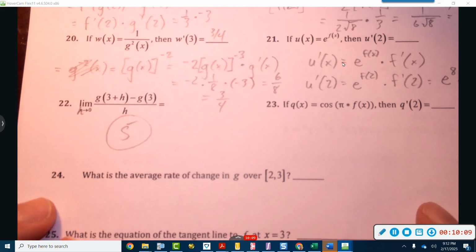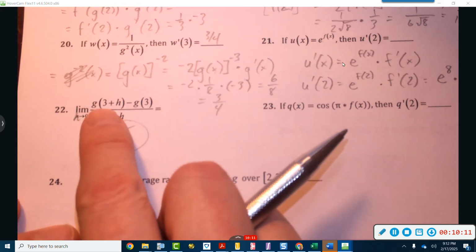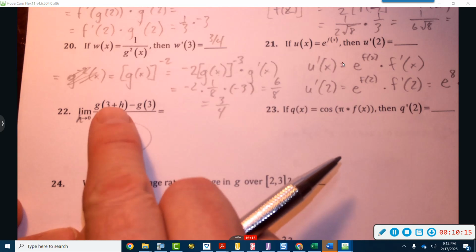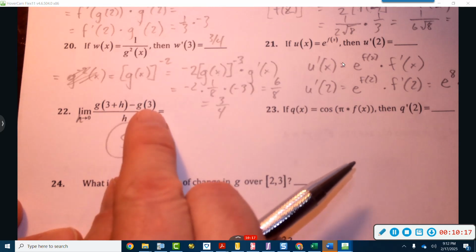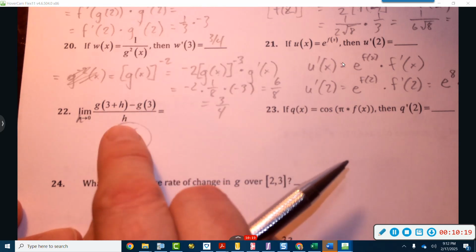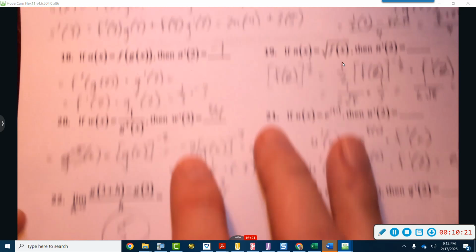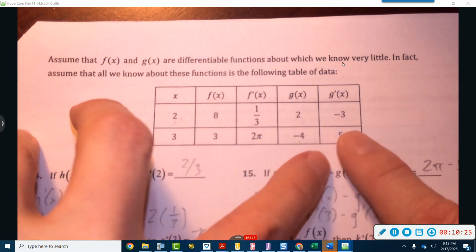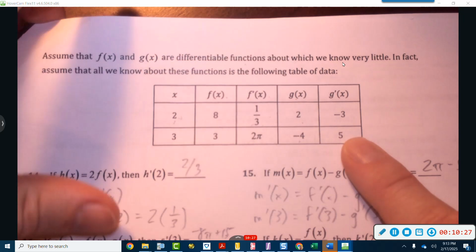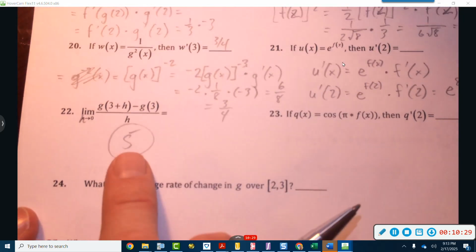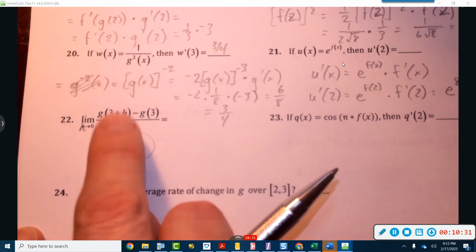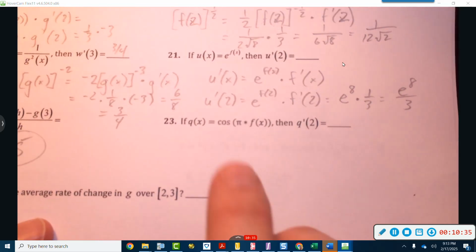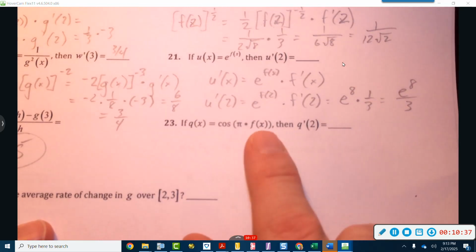Why do I know that? Because they plugged in an x value of 3, because the formula should be g of x plus h minus g of x over h. Because they plugged in a 3, we know they want to plug in a 3 and go straight to the derivative. So we didn't have to do any math there as long as you recognize that this was the definition of a derivative.